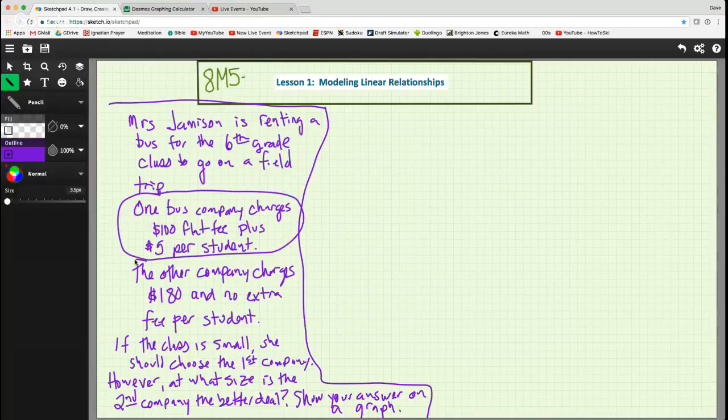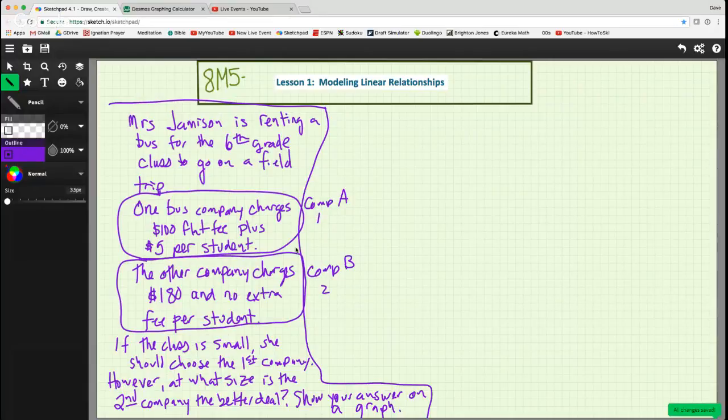The other company charges $180 and no fee per student for a different bus. So this is company A, and this is company B, or 1 and 2.